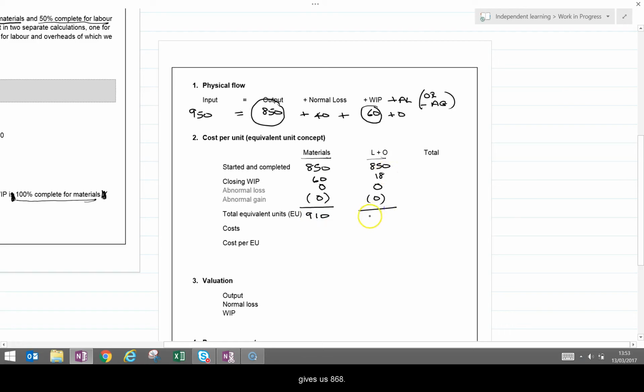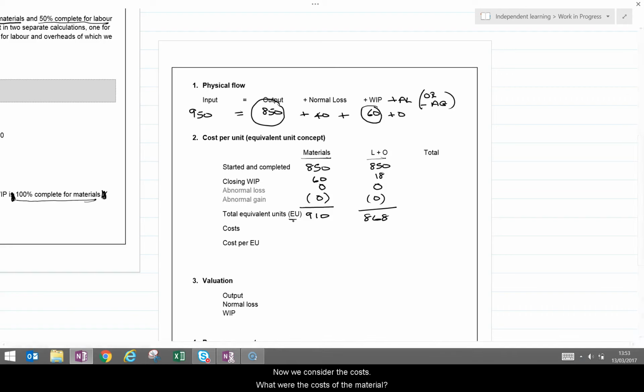So that's the total equivalent units, equivalent units being abbreviated to EU. So from the material, we've produced the equivalent of 910 units. And from the labour and overheads, we've produced the equivalent of 868 units.